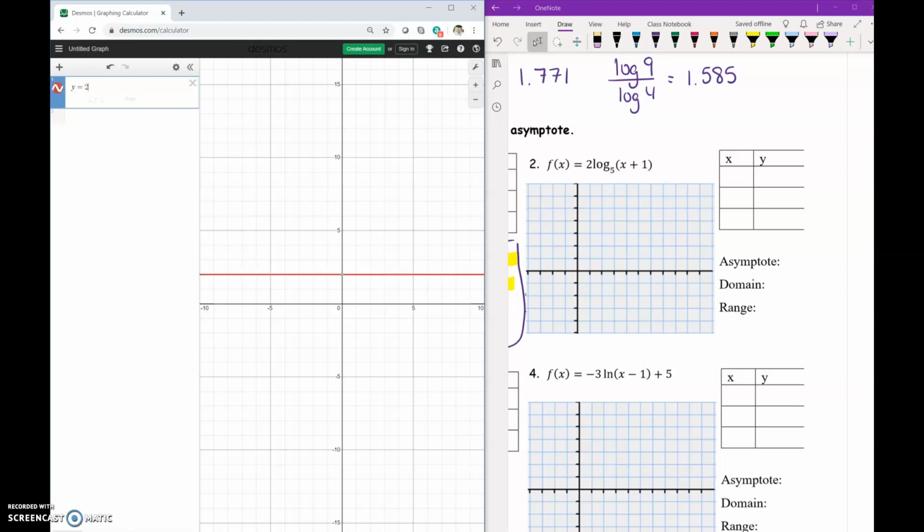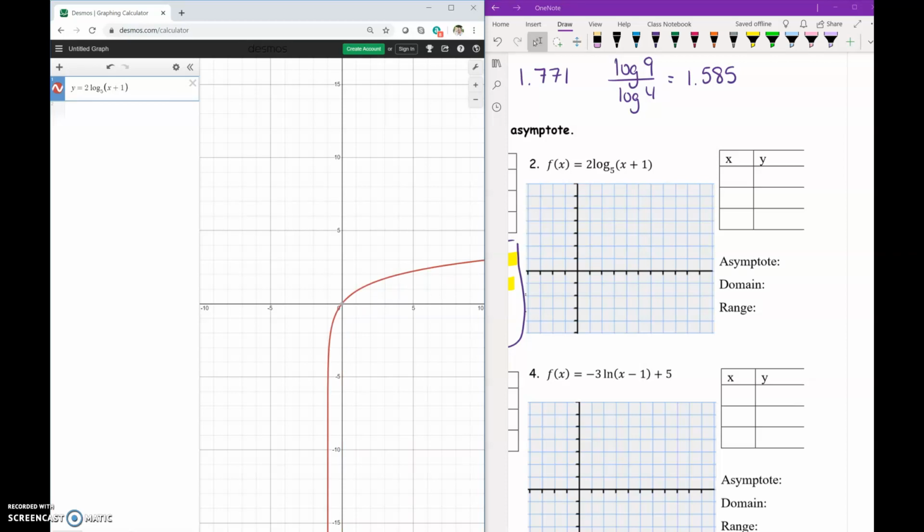Y equals 2. Type in log. Then you need to hold the shift button and press dash. Shift dash moves that down. That's the underscore that moves it down and lets you type in a base. So our base is 5. I push the right arrow to get out of the base, and then parentheses x plus 1, close my parentheses.